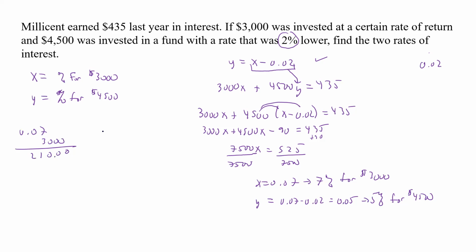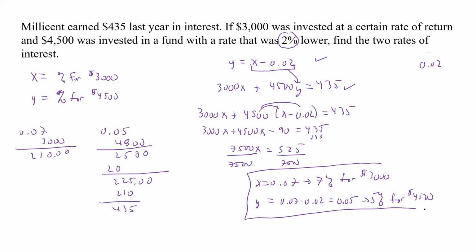And then we take our other one, which is 0.05 times 4,500, and that's 225. And so 210 plus 225 is 435. And that's what it was supposed to equal. So that is the correct interest rates for our two accounts given the information that was in the problem.